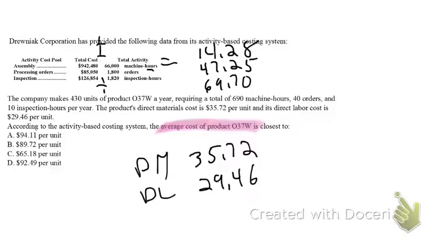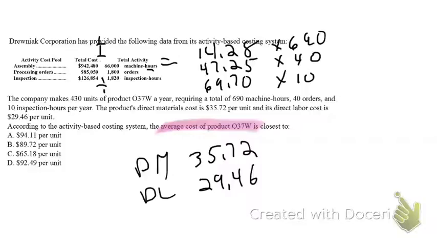And now my product, my Q37W, requires 690 machine hours. So I've got to take that 1428 times 690. It requires 40 orders, so I've got to take the processing orders, the 4725 times 40. And then I have to take the 6970 times the number of inspection hours, which is 10.